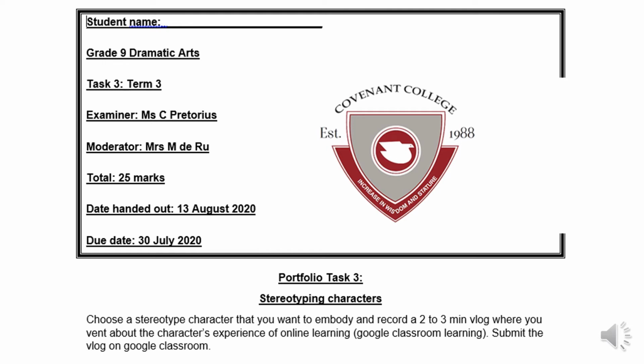So embodying a character means you take on the physical traits of this character. So if you think about a nerd, how would a nerd's body look like? A stereotypical nerd. And then if you had to do the popular girl in school, what does her body look like when she embodies a character?